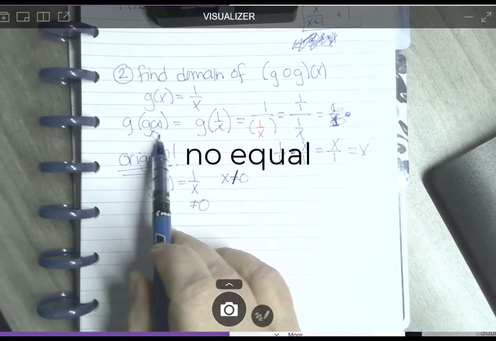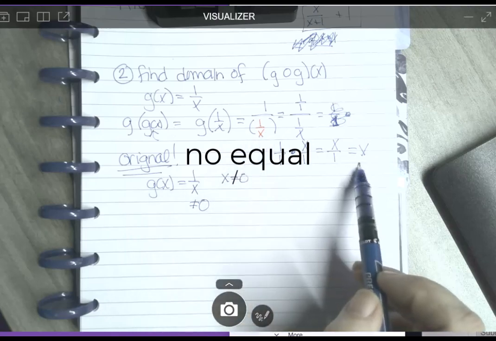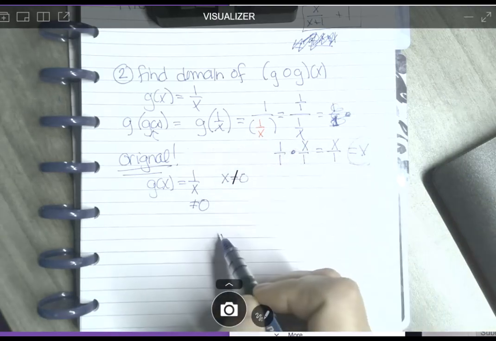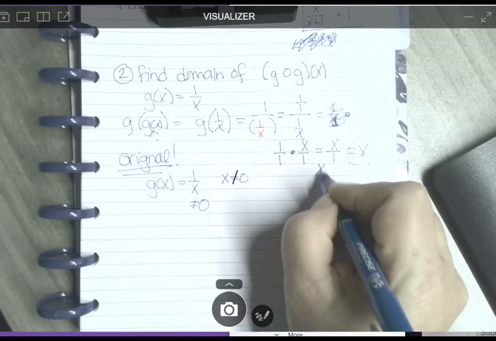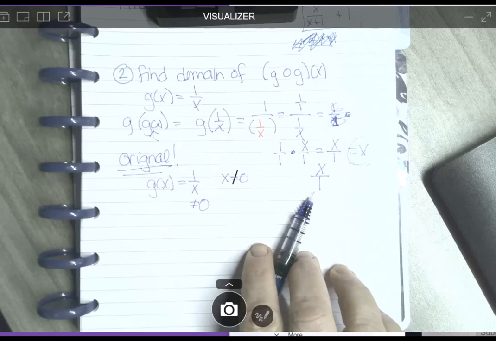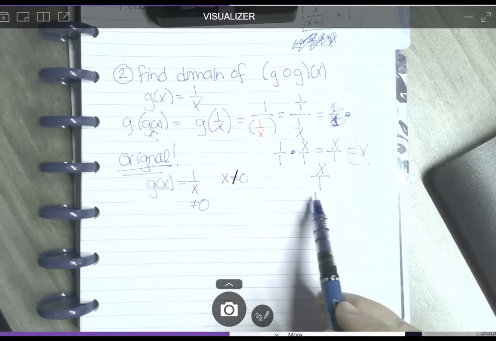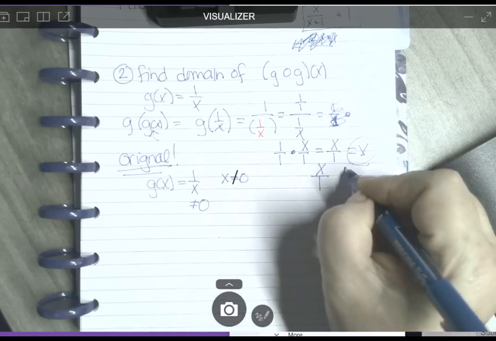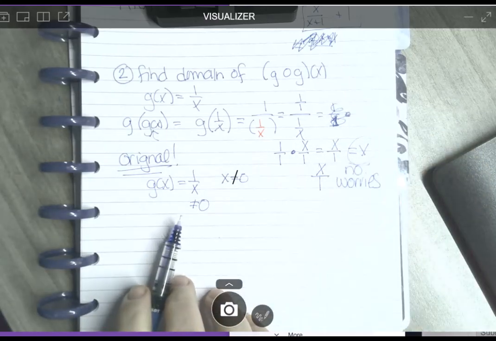Now let's look at when we did g of g, what did we get for an answer? Well, we got this one. And that's the same thing as saying x over 1. And we ask ourselves again, what can the denominator not be? Well, it can't be 0. Since we don't have a variable in here, we don't have to worry about it, right? No worries. So that means the only problem we have is at 0.